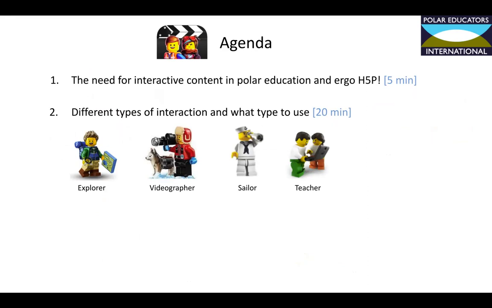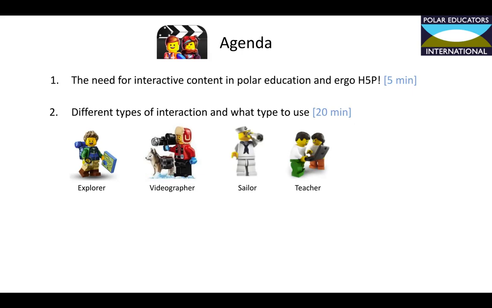The content can be exploratory, it could be video-based, it could be something you're seeing from a distance or up close, or it could be that you're a teacher and want to take in responses from the students frequently. So these are 4 broad types of content that one would want to showcase and use for teaching.